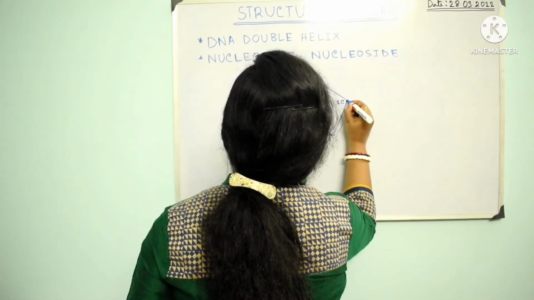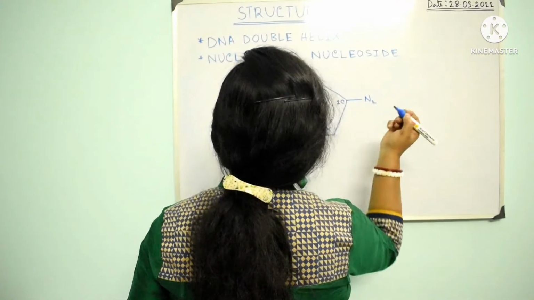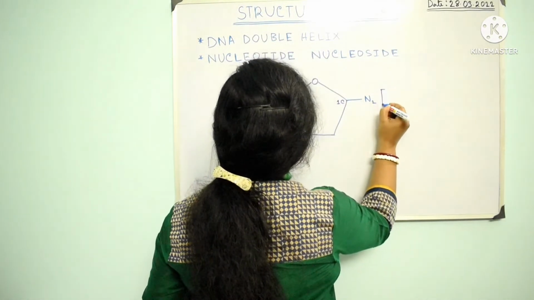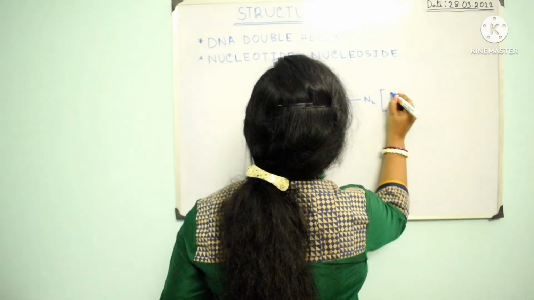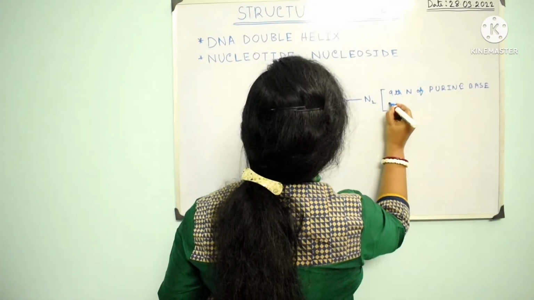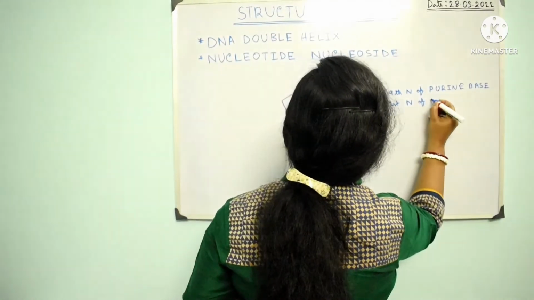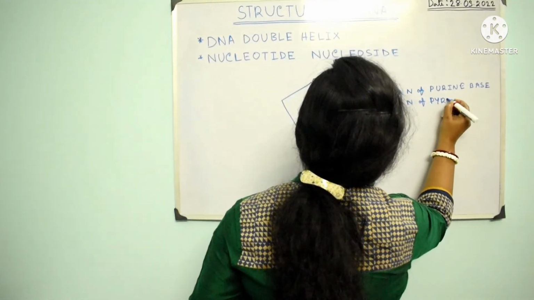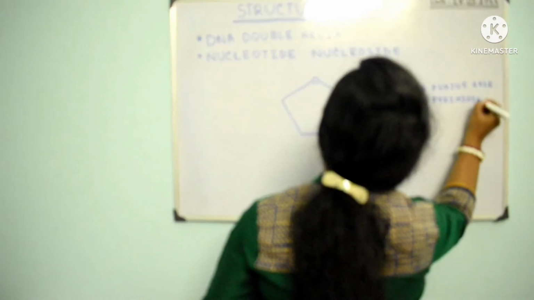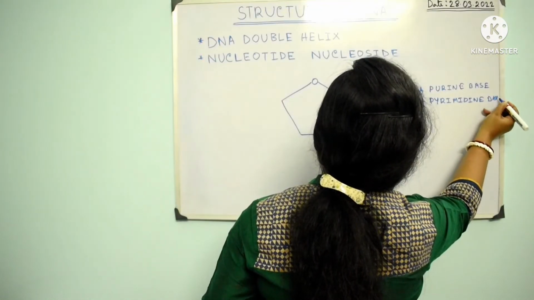So here the bases will be attached, the 9th nitrogen of purine and the first nitrogen of pyrimidine base.